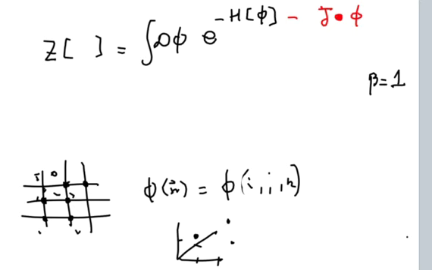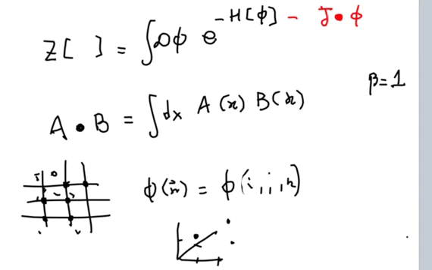I'm using a specific notation. When I say A dot B, I really mean the integral over x of A of x, B of x. I'm using a vector product type of notation to think about all the different values of these fields as components in a vector space.